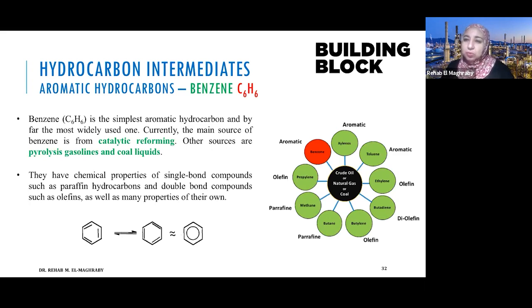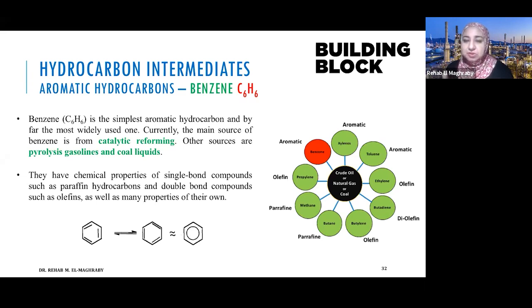I don't know your background about the refinery industry, but in general, crude oil is a mixture of many components. Using the difference in boiling point, we separate the material into many fractions. For example, we have light naphtha, heavy naphtha, gas oil, and a residue.